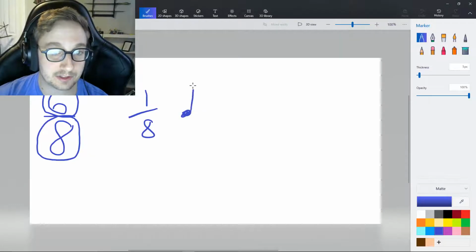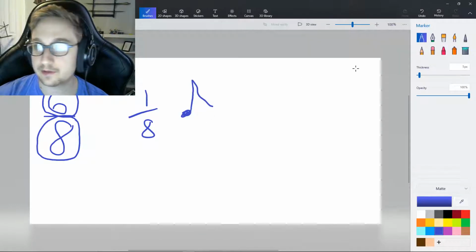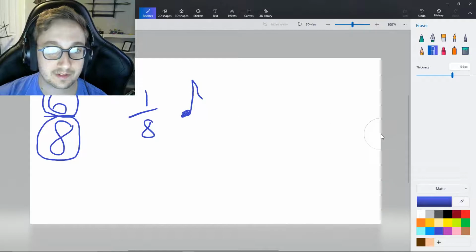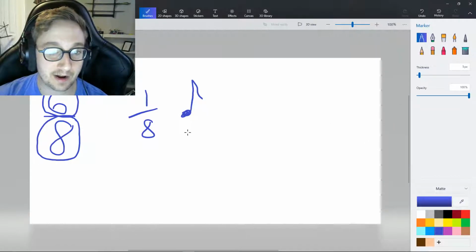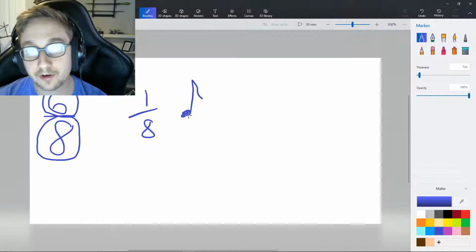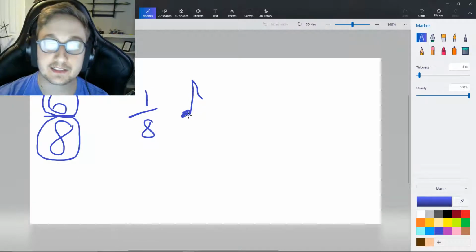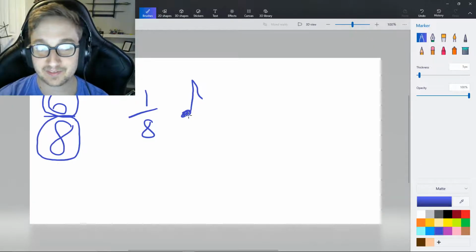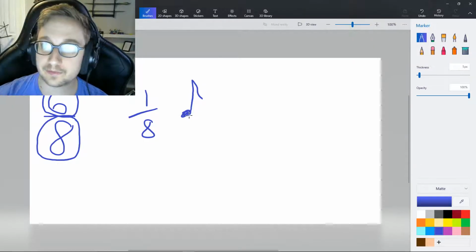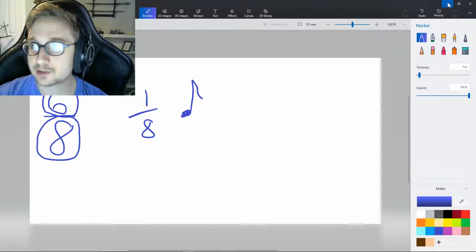So every single 8th note is what we're counting as one beat, and we will have 6 8th notes in one measure. Now, I know this has all been a little bit confusing, but where it starts getting a little weird is the way we count 6/8 time.